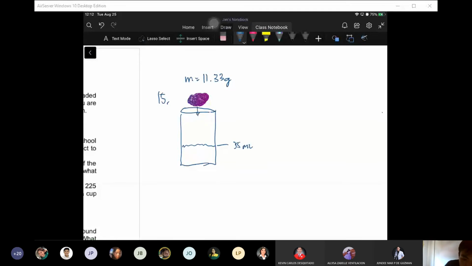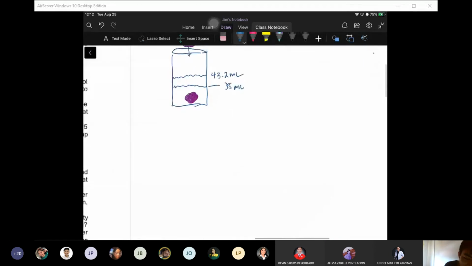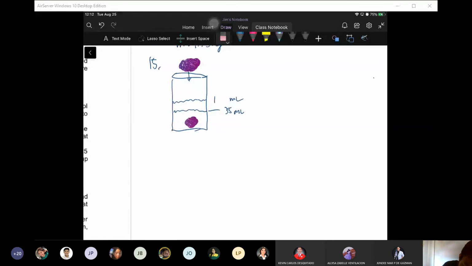As I place it down, of course it's submerged. Then the water rose to 42.3 ml. So the water level rose from 35 to 42.3.